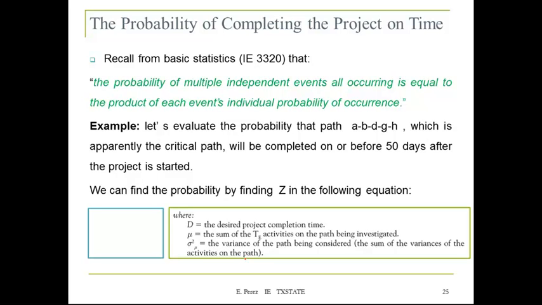So what we are saying for this particular problem is the probability of having all the paths satisfied by this number of days is the probability of satisfying one path, times the probability of satisfying the second path, and so on. So we're going to multiply each probability, and we're going to get the probability of completing the project. Okay, and this will make more sense with the example.